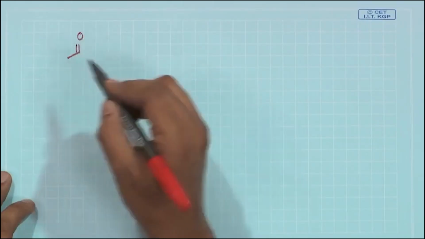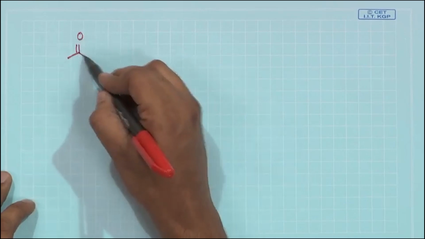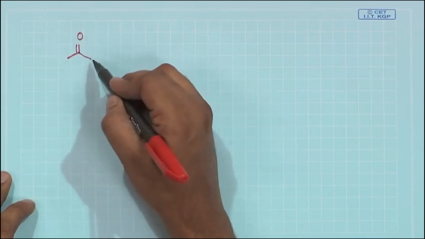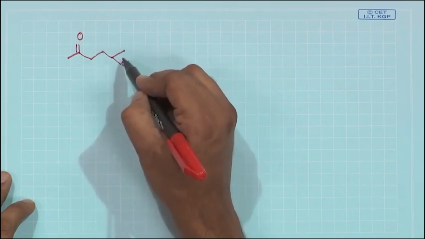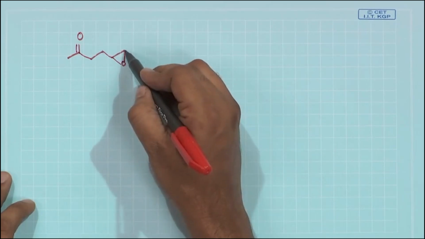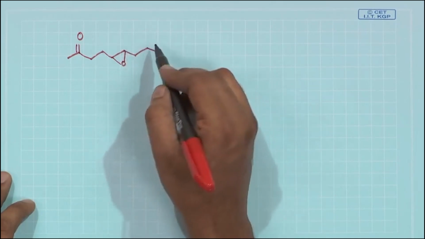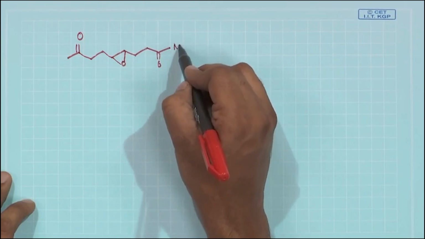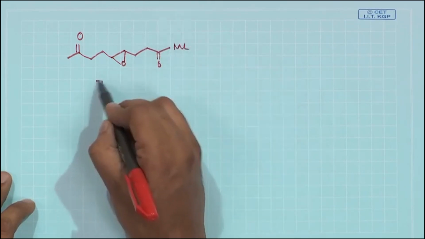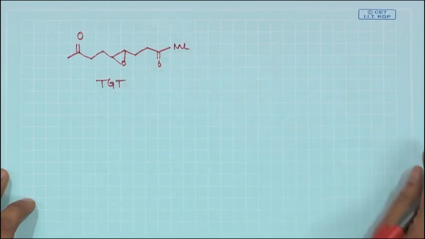The next problem which we will now be discussing is an interesting one, but here the mechanism we have already discussed, same as Birch reduction. So, you will not focus on the mechanism much; we will say how this reaction was visualized.